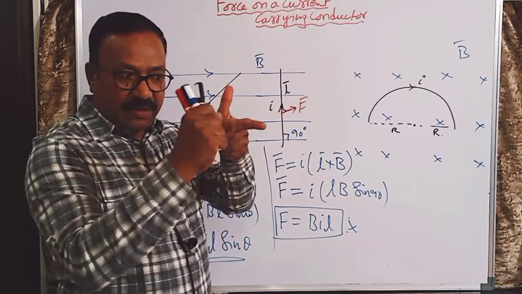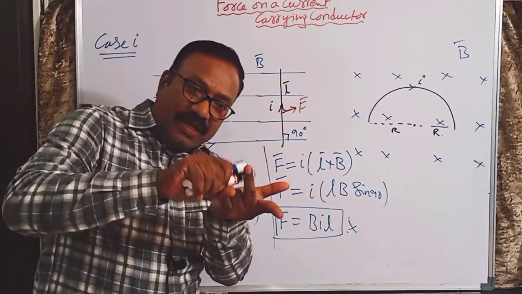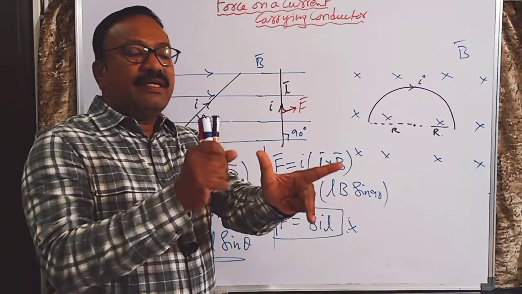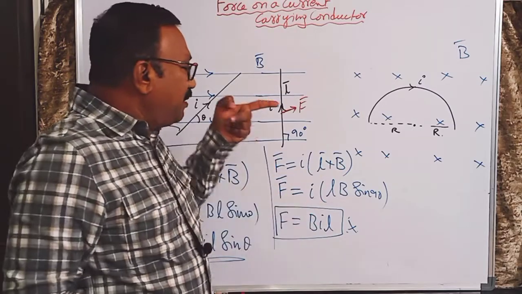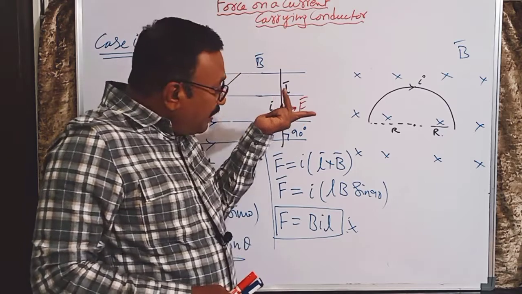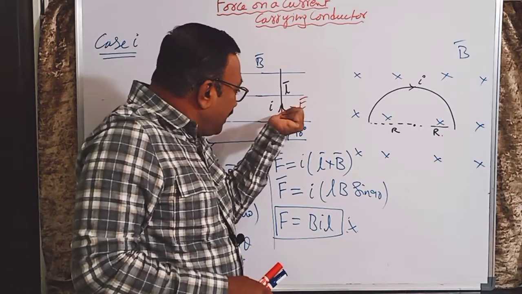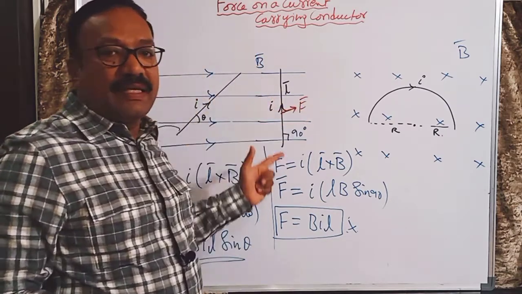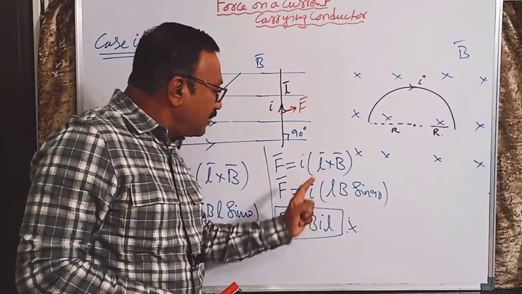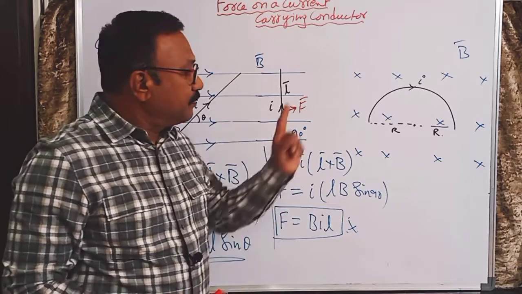Once again, this is the magnetic field, this is the direction of current, and this is the direction of force. If I match the magnetic field direction and the current direction, then the stretched thumb indicates the direction of force on the current carrying conductor. So Fleming's left hand rule is applicable when theta is 90 degrees like this.